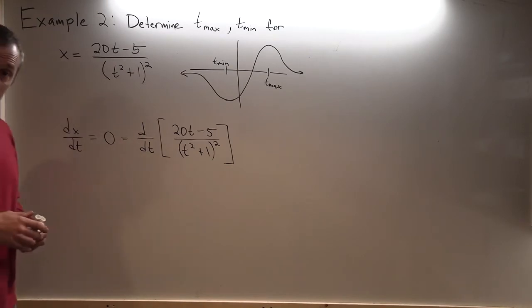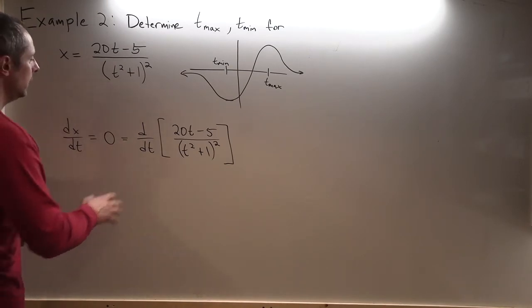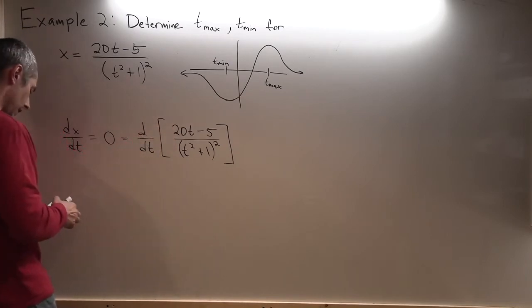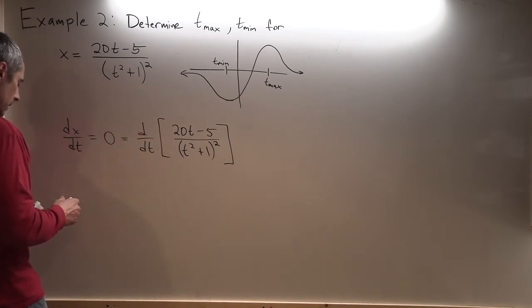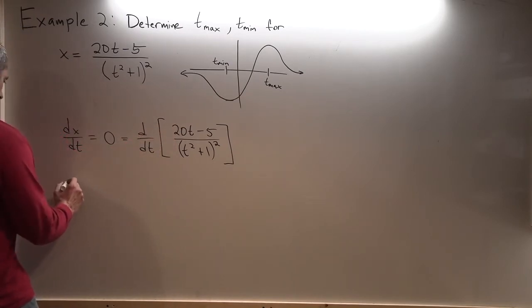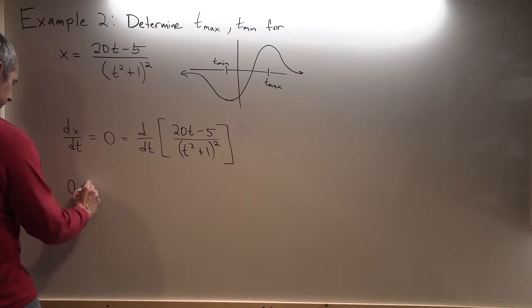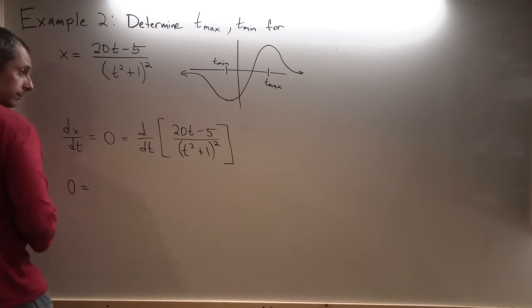As I said already, now we need the quotient rule because we have one function on top, one on the bottom, so that's the quotient rule. So 0 is going to be our answer.